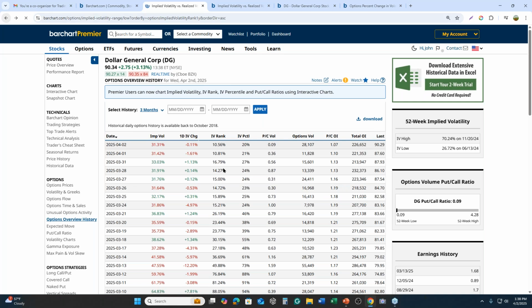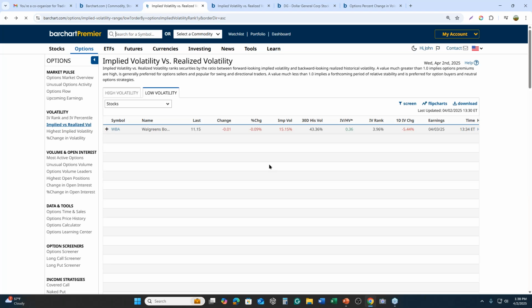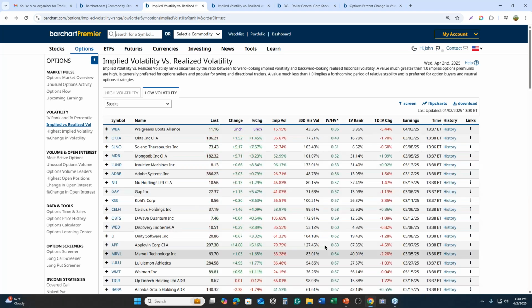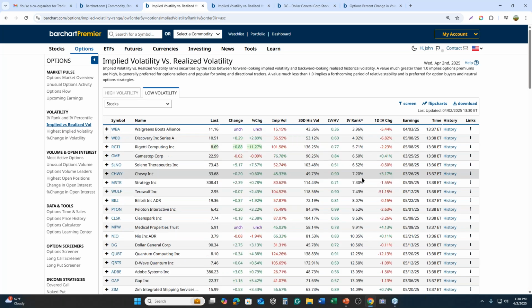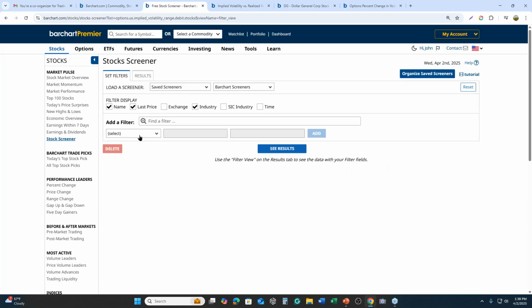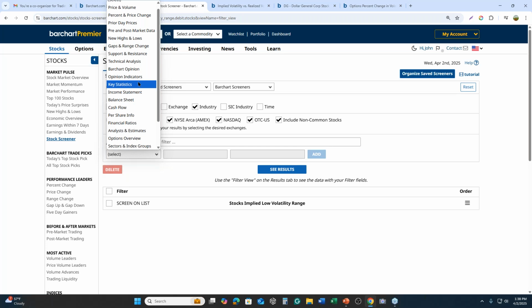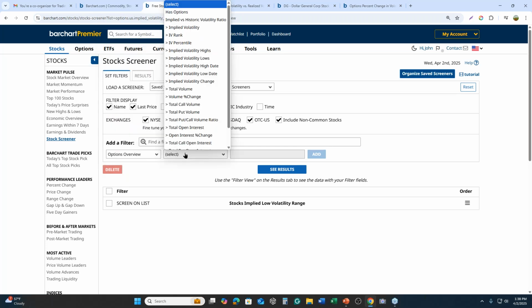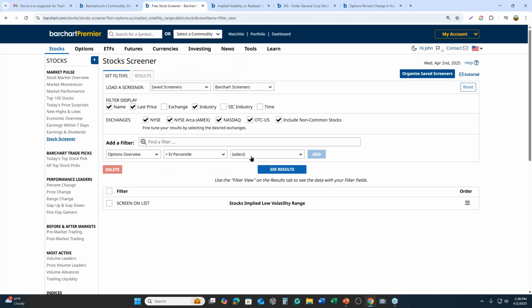Okay, so let's go back to this page, and I did this based on rank. Now, ideally, we really want to find candidates where both the rank and the percentile are below a 10 value, or in that lower 10th percentile. So I could go into a screener here and go under options overview, and there is IV percentile.